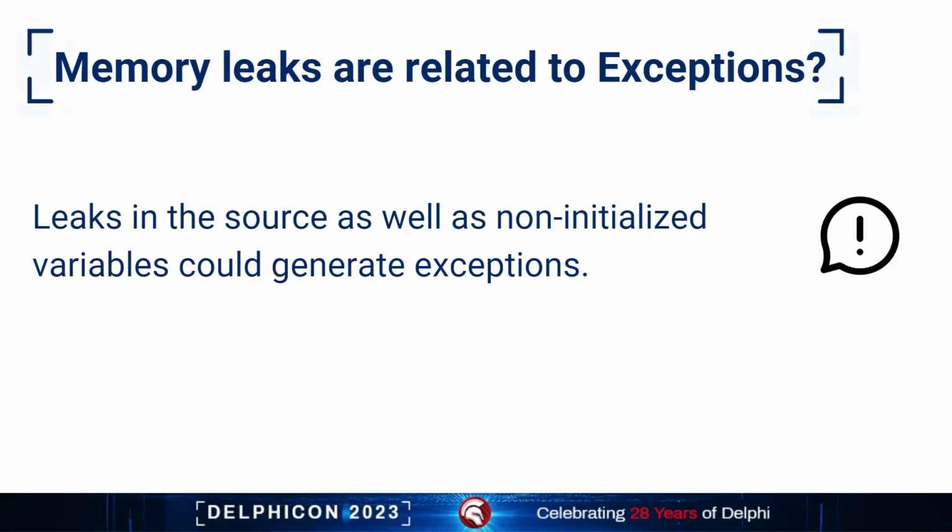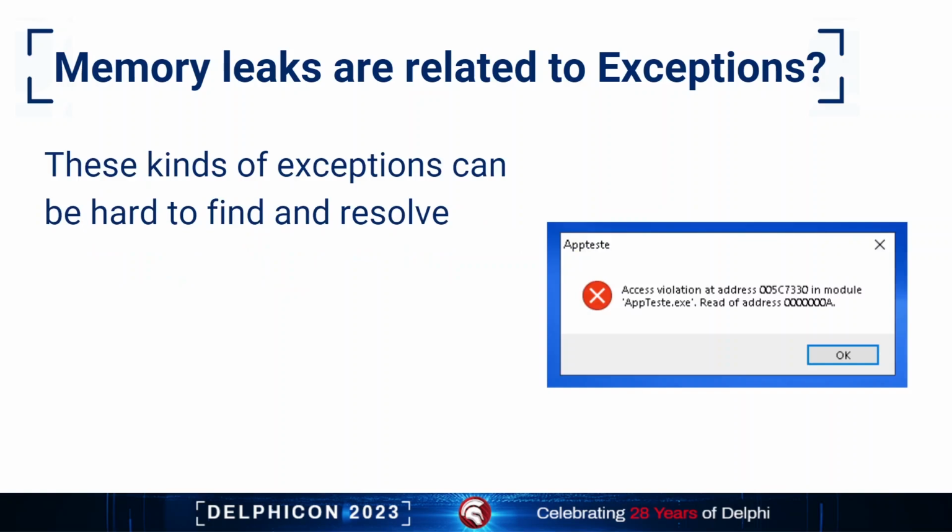So memory leaks can lead us to exceptions, and this kind of exception can be hard to find and solve, right? Notice we started with memory leaks or uninitialized variables, and we are now dealing with the exceptions that memory leaks can generate for us. These exceptions are hard to find and hard to solve, because it's not an integer value conversion, it's not a server not found, it's an access violation, and it only says that.